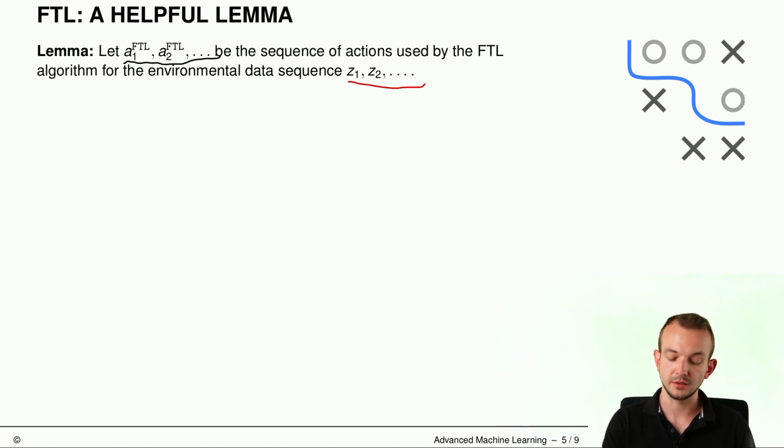So again, these are generated by the basic online learning protocol. So the environment generates data and the follow the leader algorithm is every time choosing the action or one of the actions with the smallest cumulative loss so far.